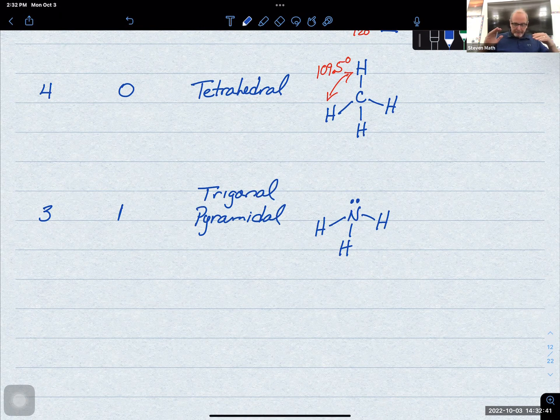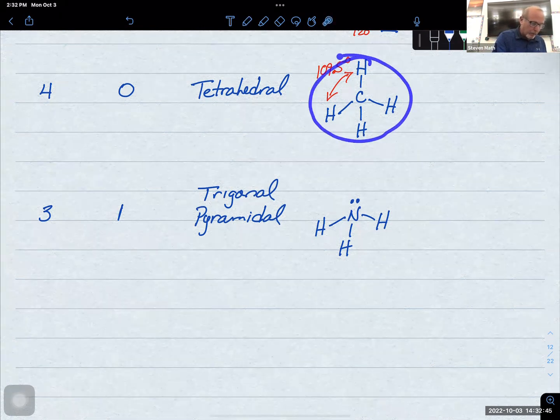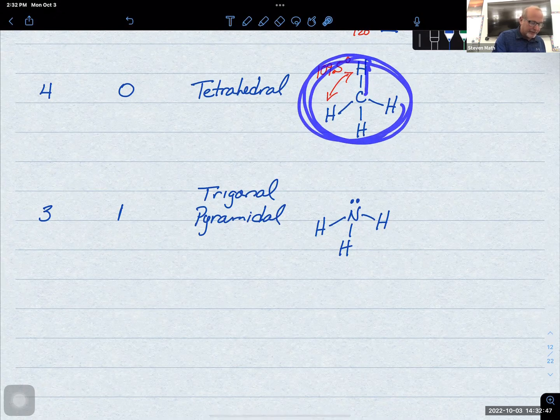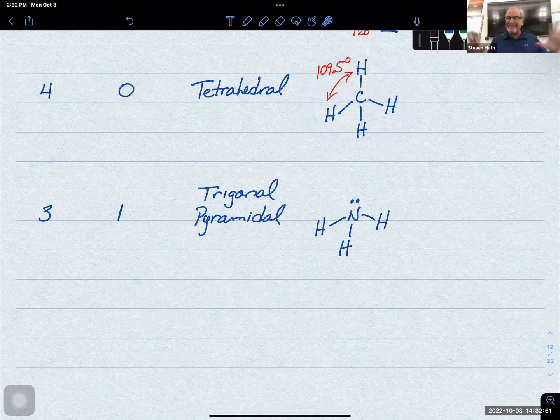Now, this lone pair, if we compare the one above, methane, everybody has a bond, everybody's happy, 109 degrees, symmetry, nonpolar molecule too. These lone pairs, they repel. They repel more than bonded pairs.